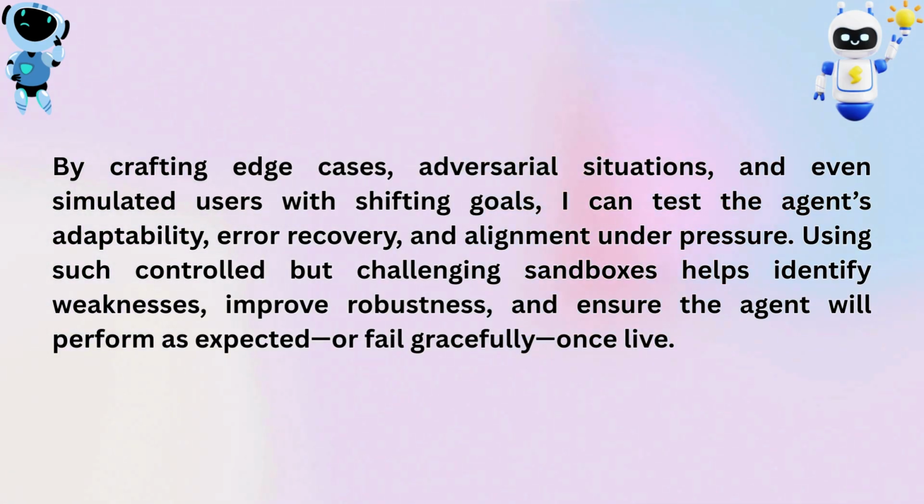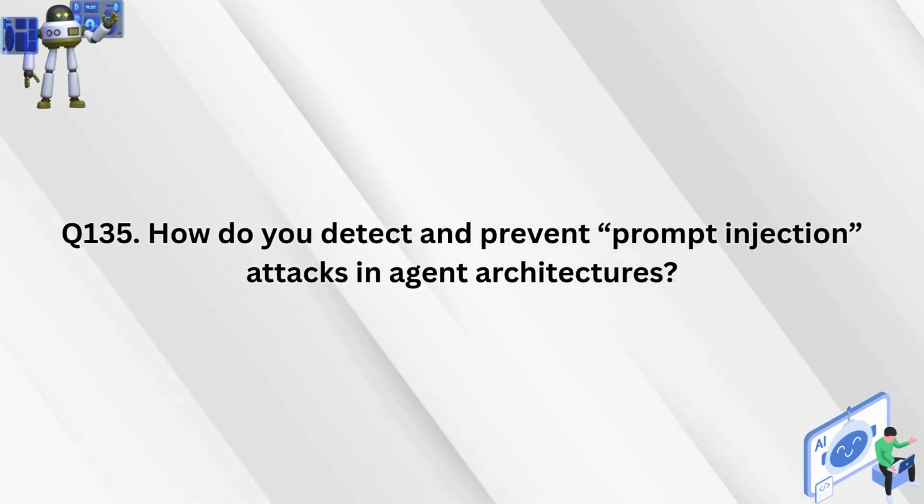By crafting edge cases, adversarial situations, and even simulated users with shifting goals, I can test the agent's adaptability, error recovery, and alignment under pressure. Using such controlled but challenging sandboxes helps identify weaknesses, improve robustness, and ensure the agent will perform as expected, or fail gracefully once live.